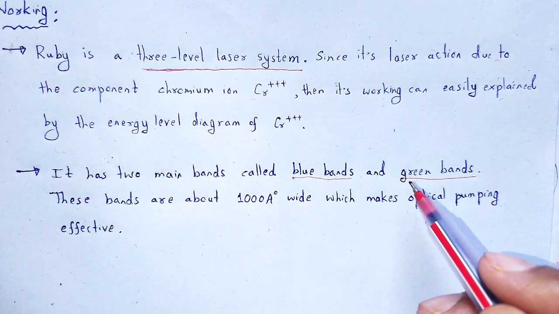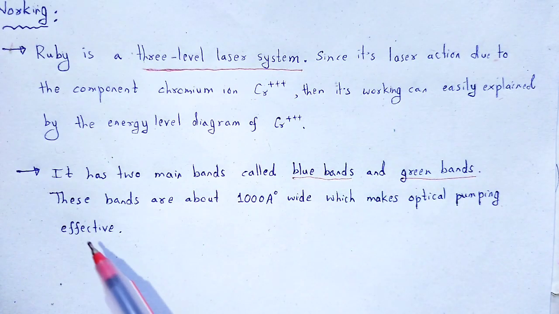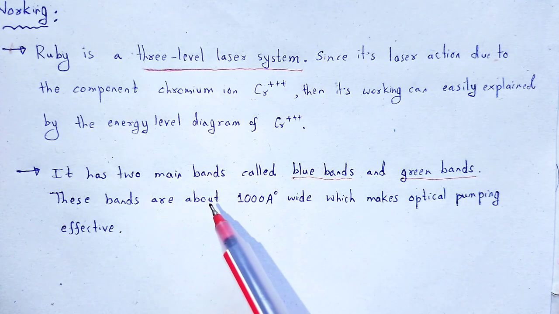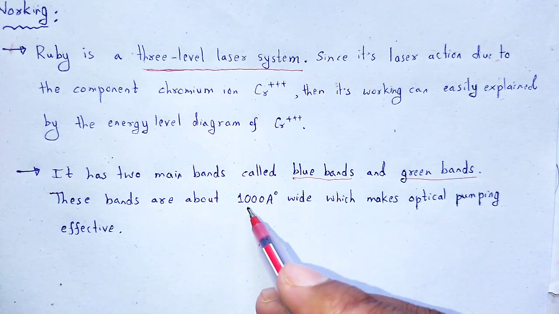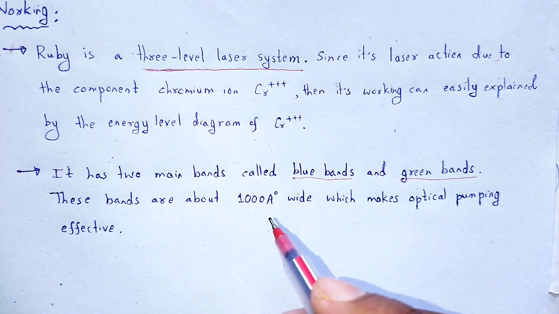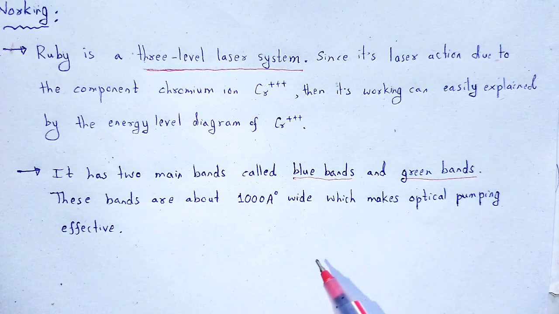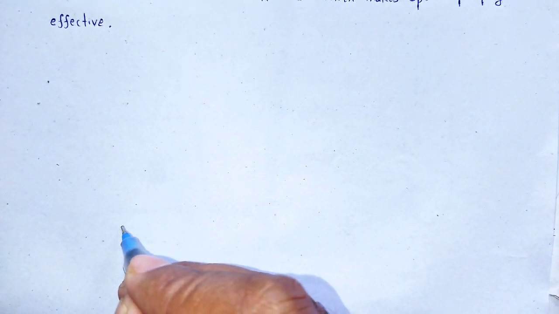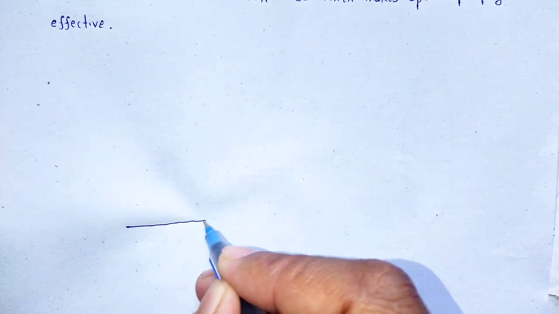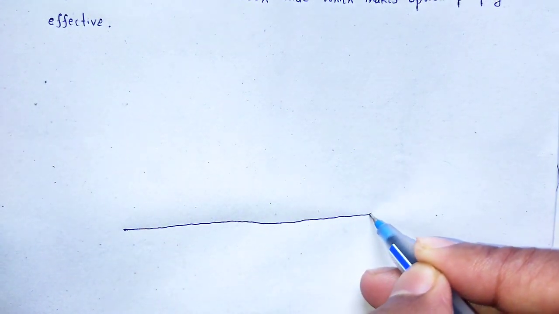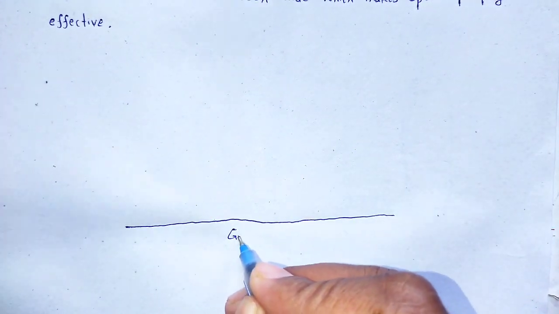These are the excited energy states of chromium ion, and these two bands are about 1000 angstrom wide, which makes the optical pumping effective. Let me draw the energy level diagram. Here is the ground state.